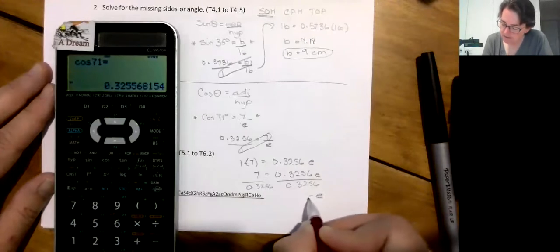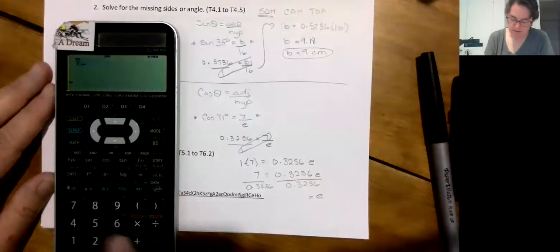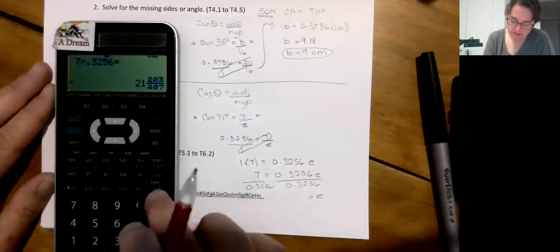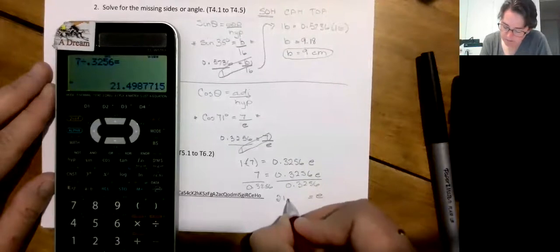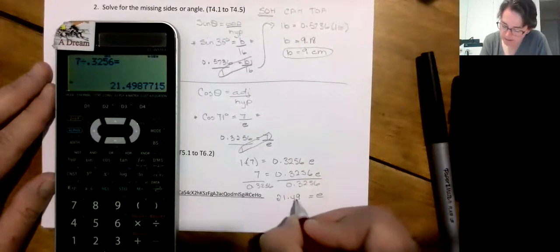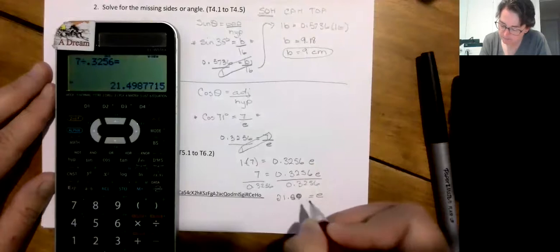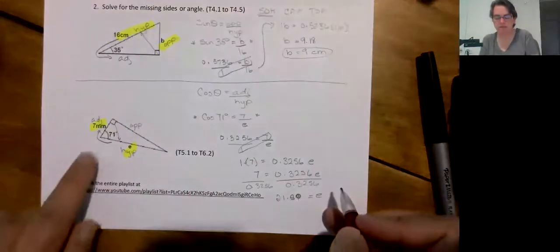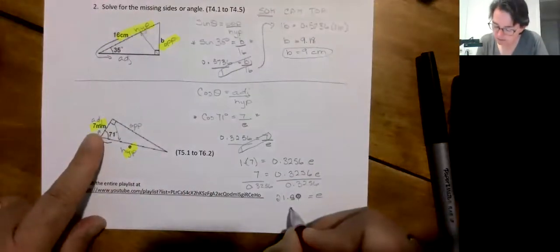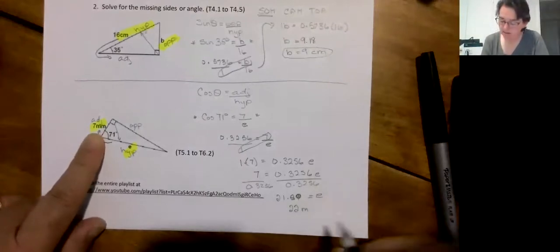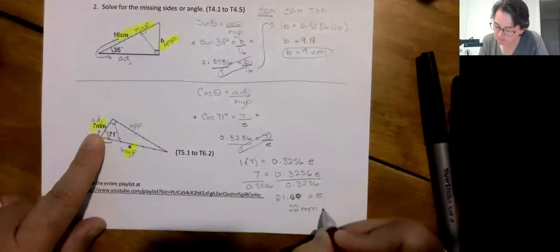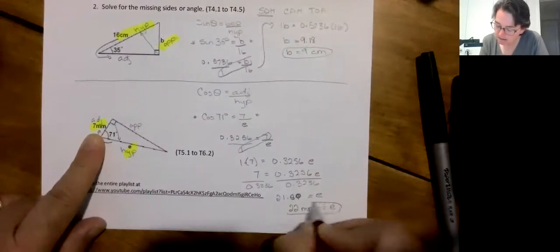And E is going to be 7 divided by 0.3256, which is 21.49. Well, okay, it's 50. But truth be told, if we look at the original question, this was as a whole number. So we're just going to make it 22. And it had millimeters. Millimeters is equal to E.